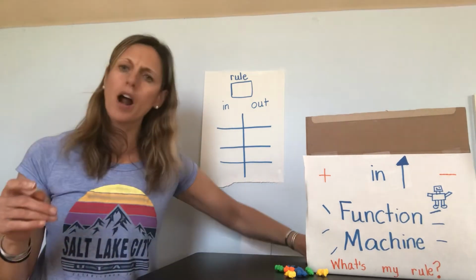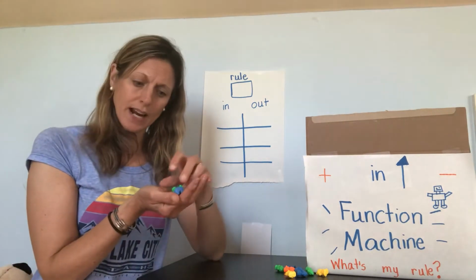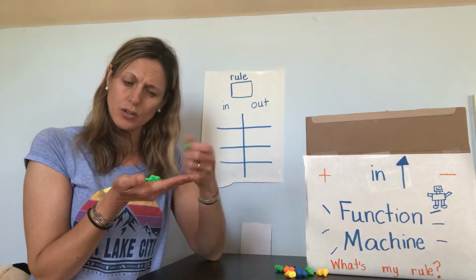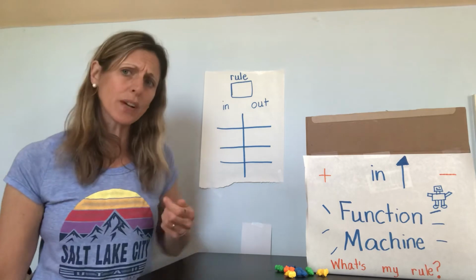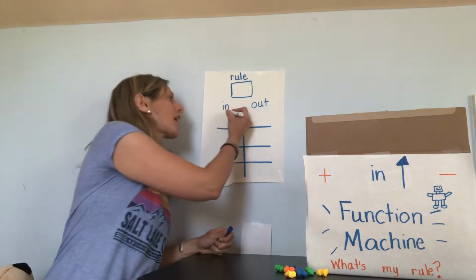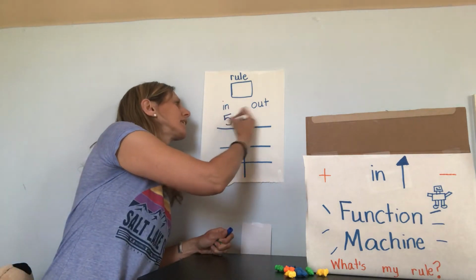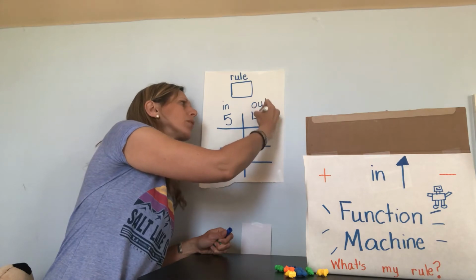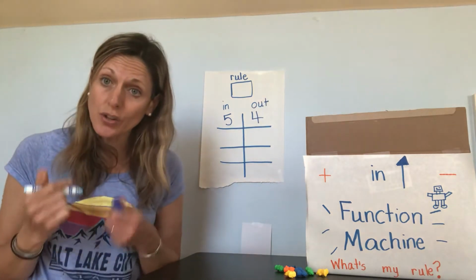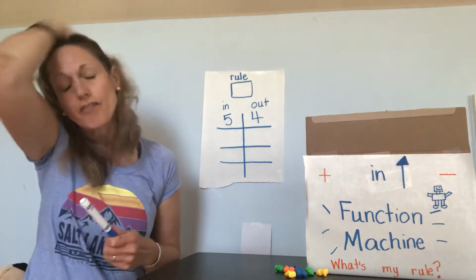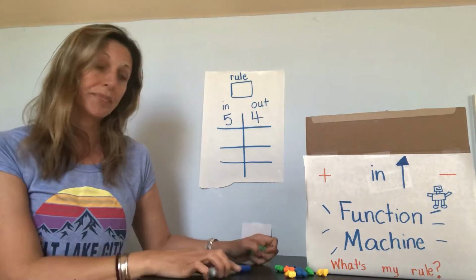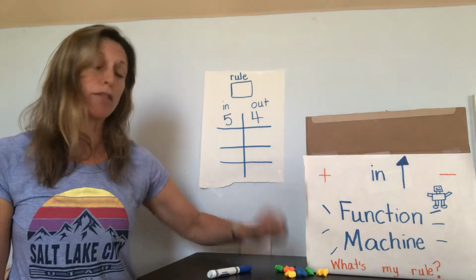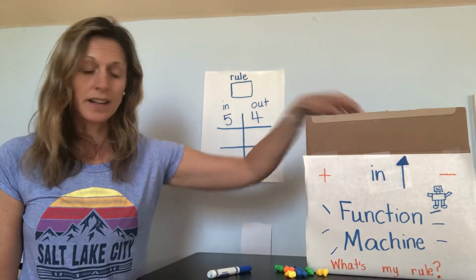Oh, I have 4 bears that came out. 1, 2, 3, 4. So let's write that on our chart. 5 went in, 4 came out. I can already tell that you're thinking what I'm thinking. 4 is less than 5. It's a smaller number.